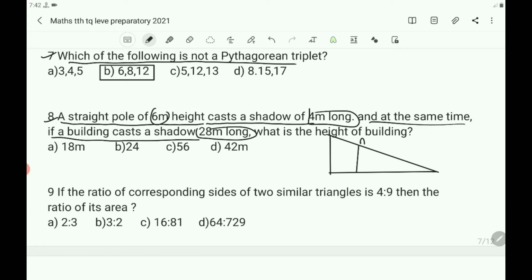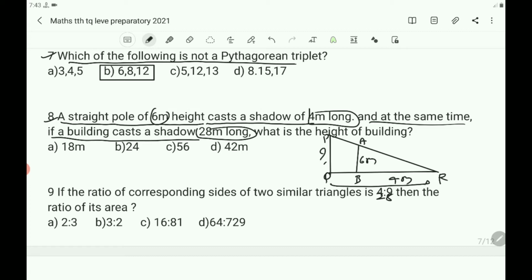Here consider AB is a pole and PQ is a building, and the shadow of the pole is 4 meter long. At the same time, the building has a shadow of 28 meter, from here to here it is 28.